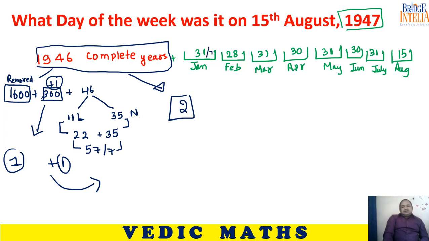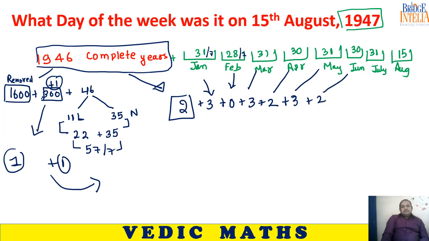So if you divide 31 by 7, 3 extra days from January, February 28 is divisible by 7, so 0 extra days from February, from March 3, from April 2, from May 3, from June 2, from July again 3, and August 15 days are there. So divide 15 by 7, 1 is the remainder.